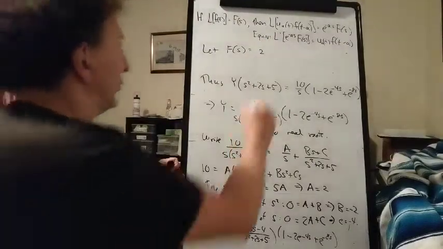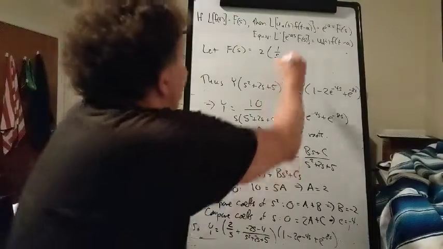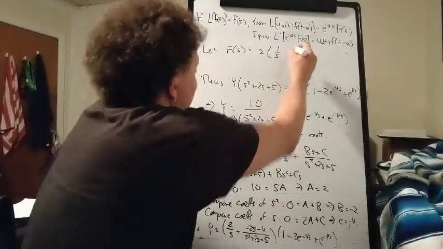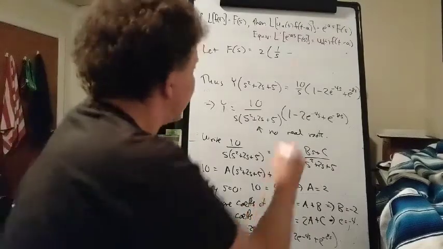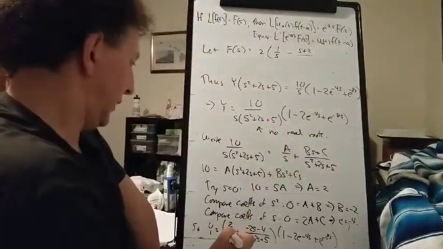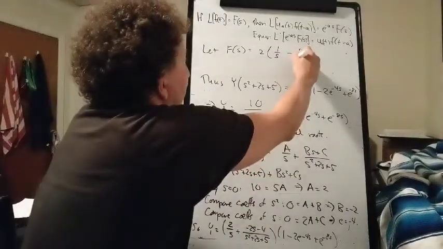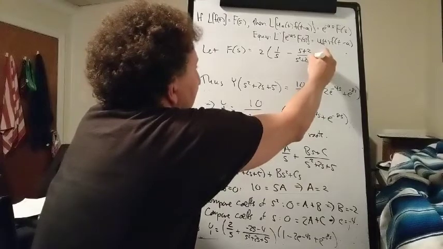Let me factor out a 2. 2 times 1 over s. And maybe I'll factor out a minus 1 here. Minus s plus 2 over s squared plus 2s plus 5.